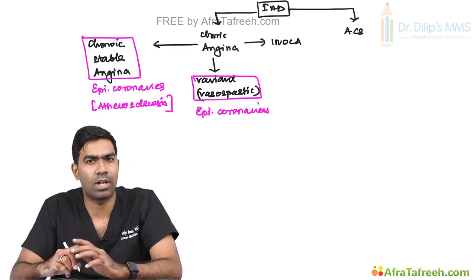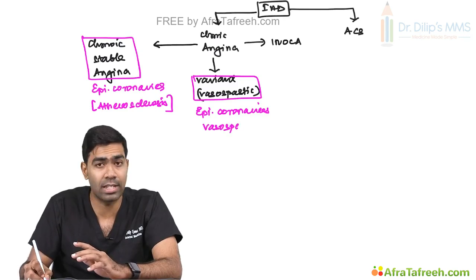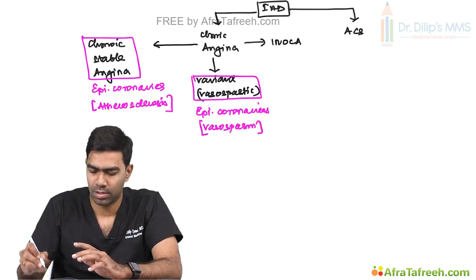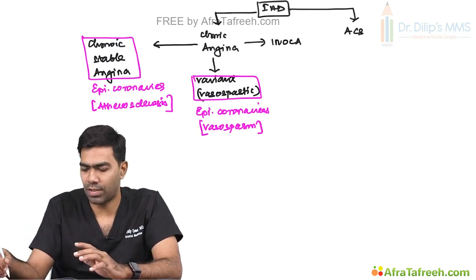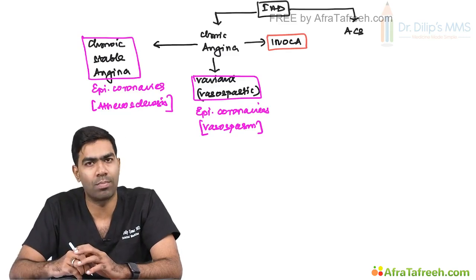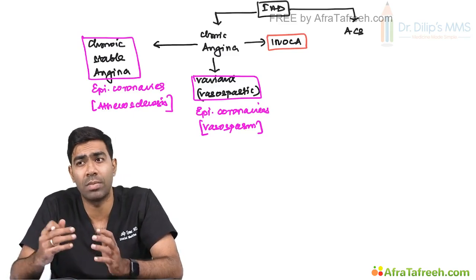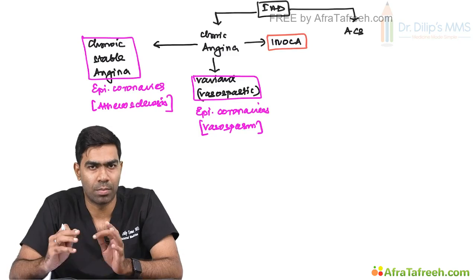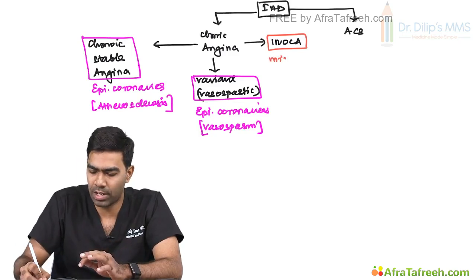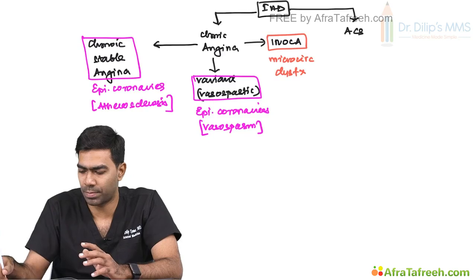But on the other hand, if you take an INOCA, that is ischemia with no obstructive coronary arteries, it's not the problem of epicardial coronaries. Even if you have some stenosis of epicardial coronaries, it will not be functionally significant. But here the main problem is going to be microcirculatory or microvascular dysfunction. That's the problem here, producing chronic chest pain.